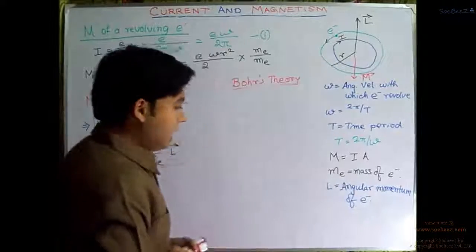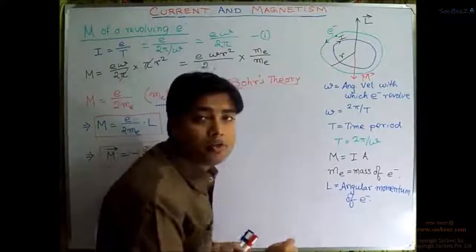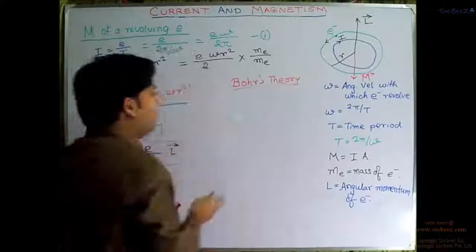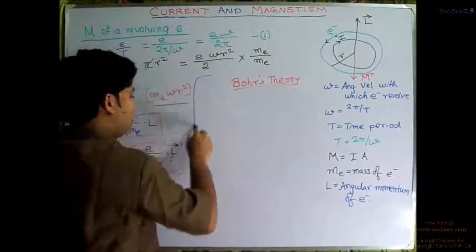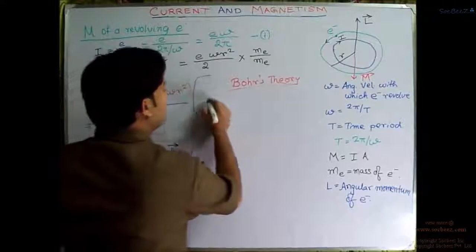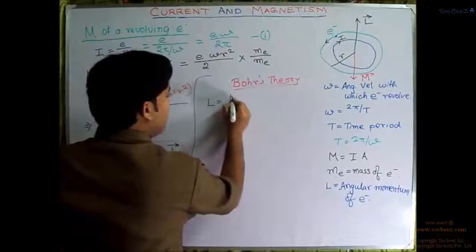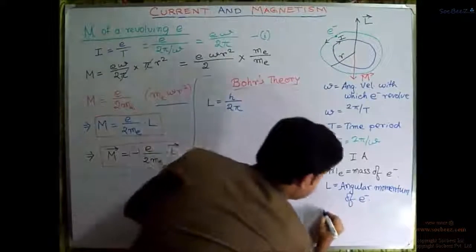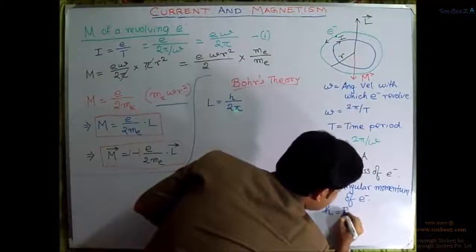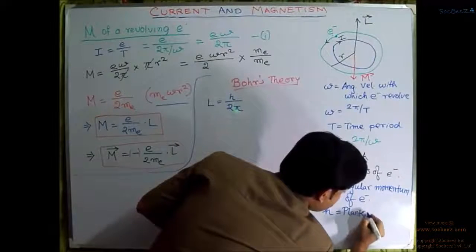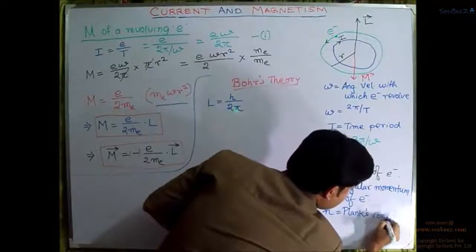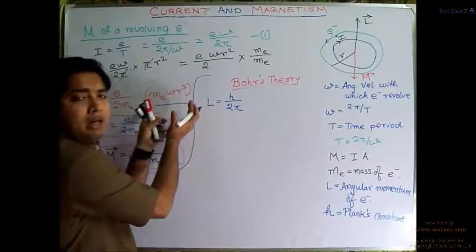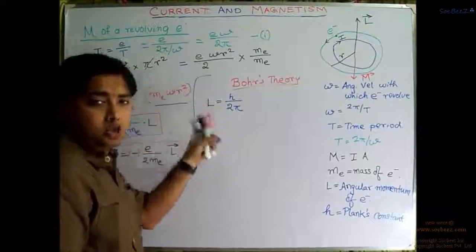So let us see, if we are saying that L over here is equal to the integral value of h divided by 2 pi, then obviously the expression shall look like L is equal to h divided by 2 pi, where h is basically the Planck's constant, and we know that the value of L is simply equal to the mass of the electron multiplied by omega r square.